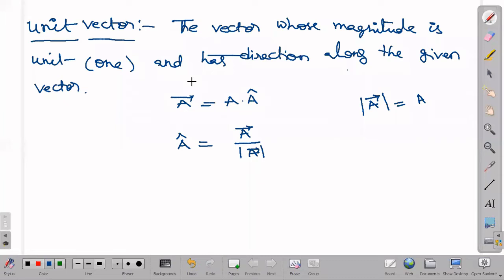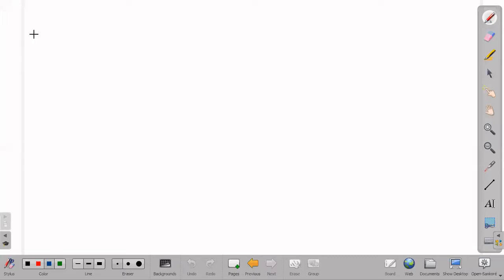Now, in addition to this, I also told orthogonal vectors. Those orthogonal vectors can also be treated as orthogonal unit vectors.